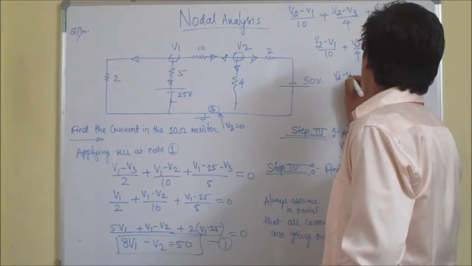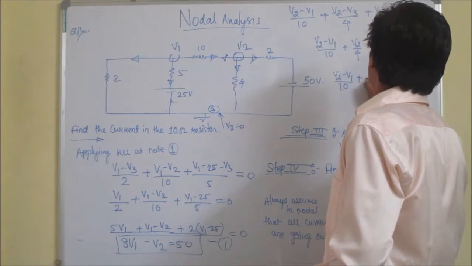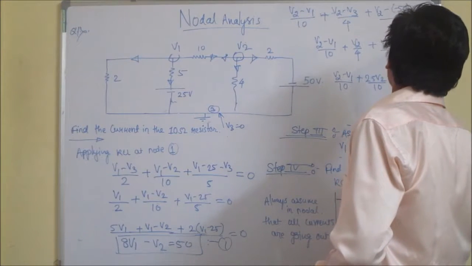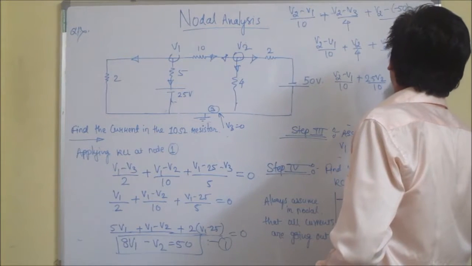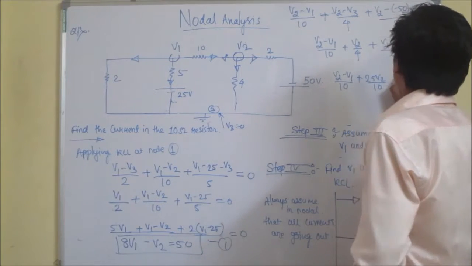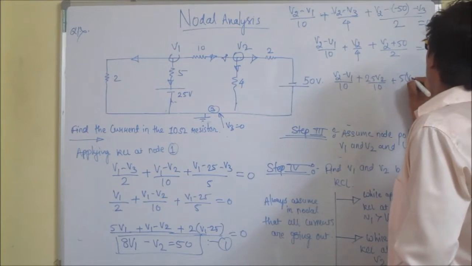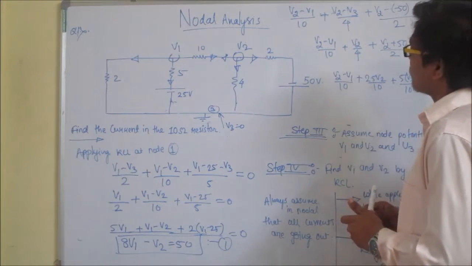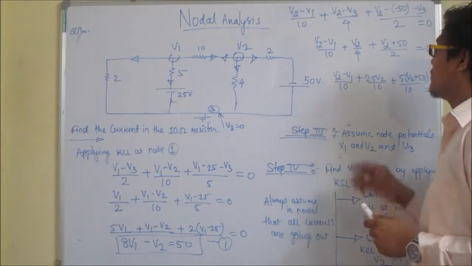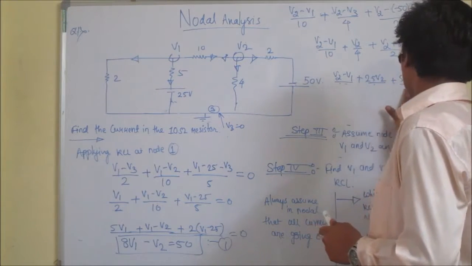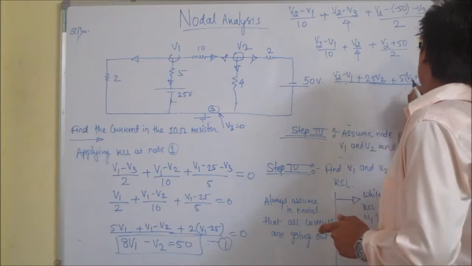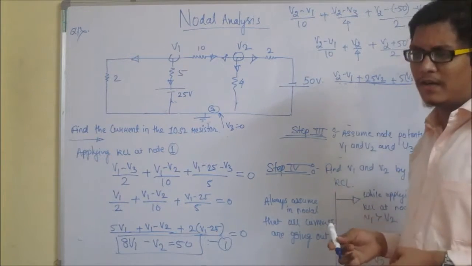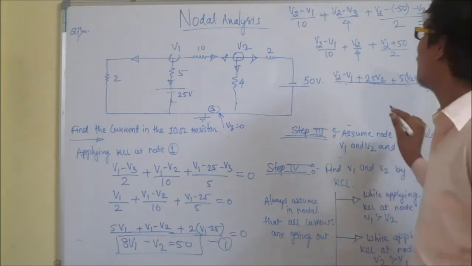Therefore (V2 minus V1)/10 plus 2.5 V2/10 plus 5 into (V2 plus 50)/10 is equal to 0. Now as my denominator is the same, I will make it common, send it to the right hand side and multiply by 0. So I am free of my denominator, the fractional terms.